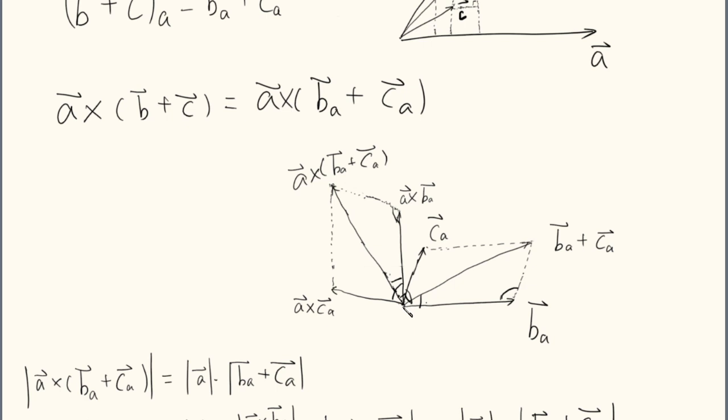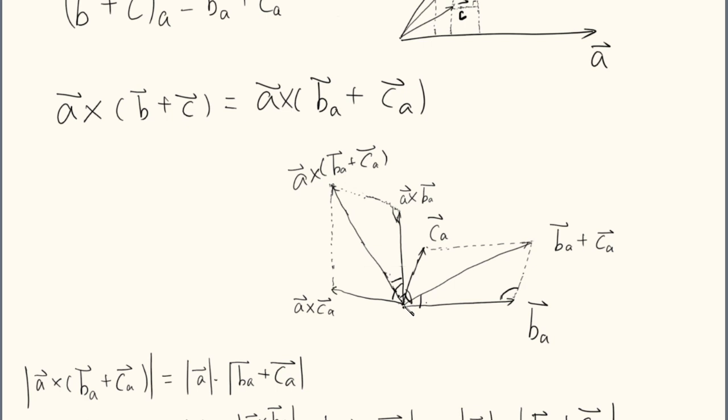Vector A is a vector perpendicular to the plane formed by vector B sub A and vector C sub A, and toward us. Okay.